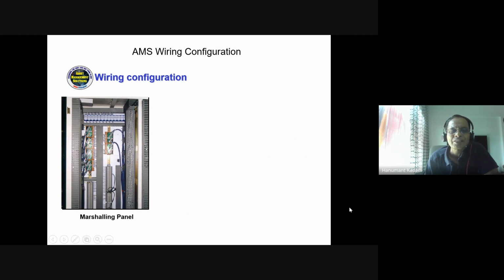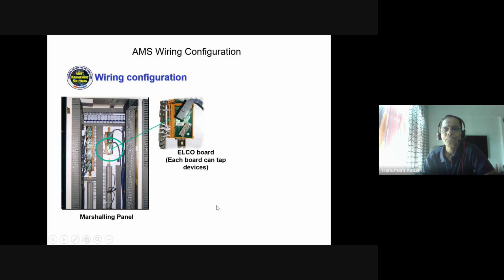So as I told, the marshalling panel is this much. This is a marshalling panel. Then the ELCO board, each board can tap devices. This is the ELCO board. I was talking about this ELCO board in the DCS is for conversion, means signal conversion, signal repetition and conversion, both, and isolation.